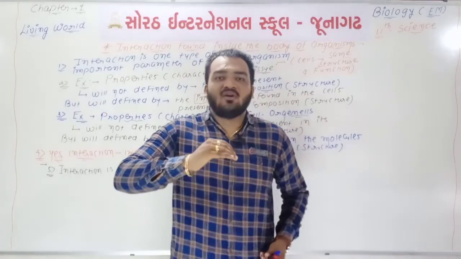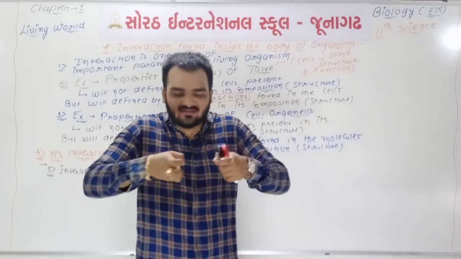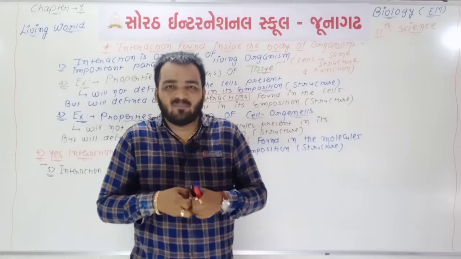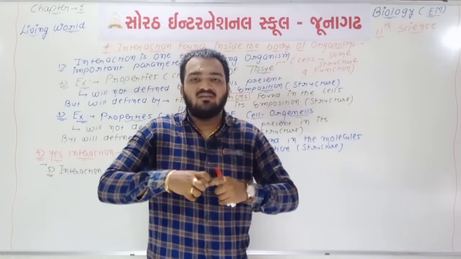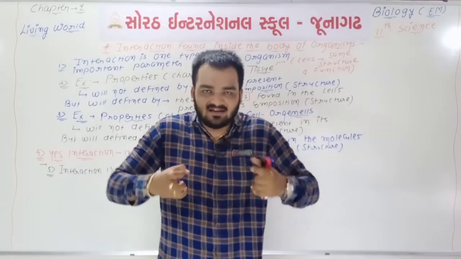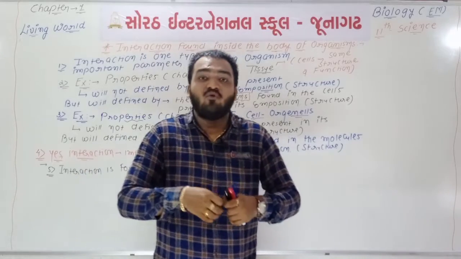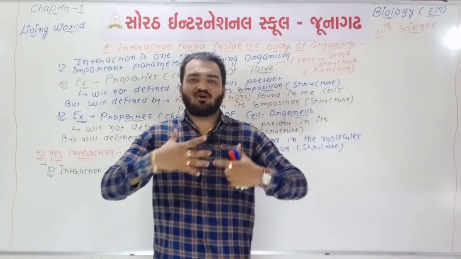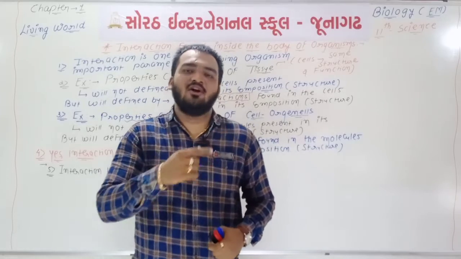If we go to the higher level, different types of tissue, then interaction is found in different types of tissue. If we talk about organs, then interaction is found inside the organ. If we talk about different organ systems, then interaction is found between the different organ systems. If we talk about the whole body, then interaction is found inside the whole body.